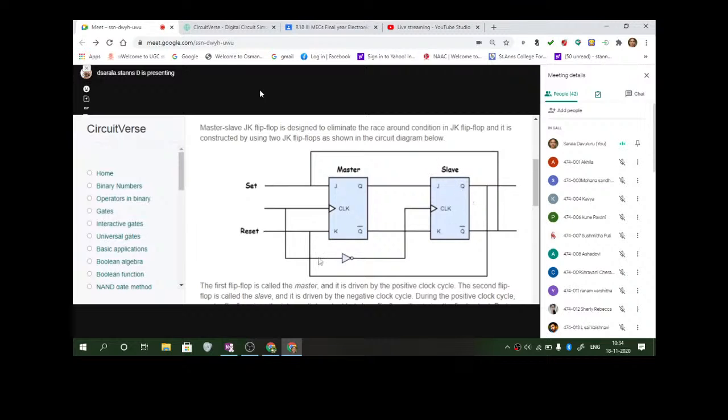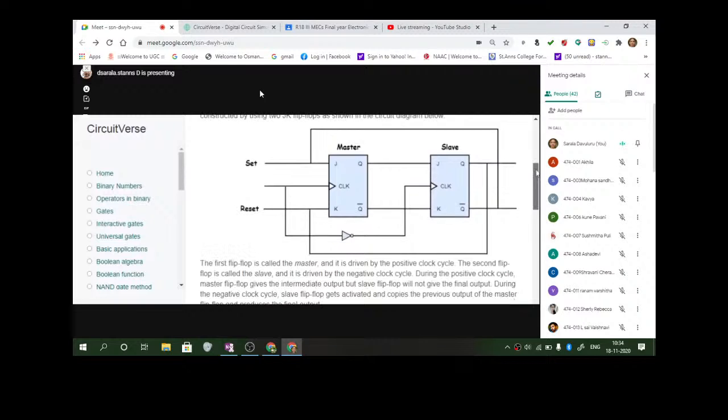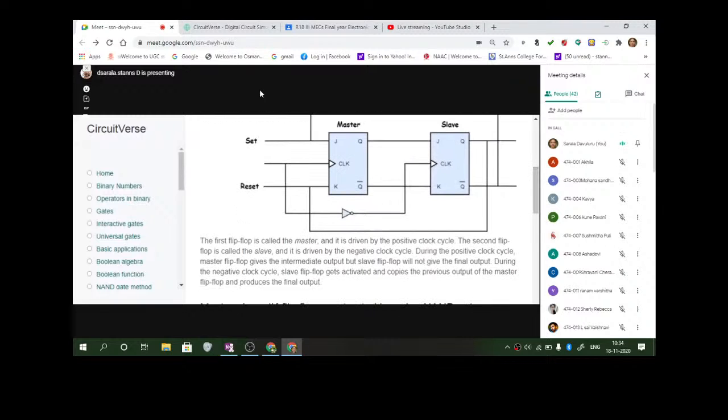The second flip-flop is called the slave and it is driven by the negative clock cycle. So if this is positive, this is negative. During the positive clock cycle, the master flip-flop gives intermediate output. But this output will not be conveyed to the slave until another transition comes in.